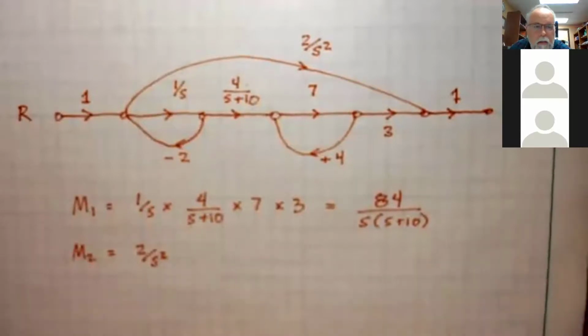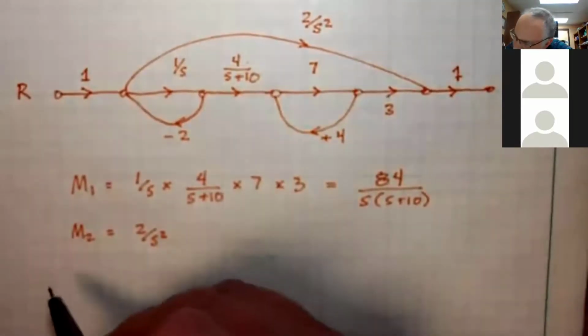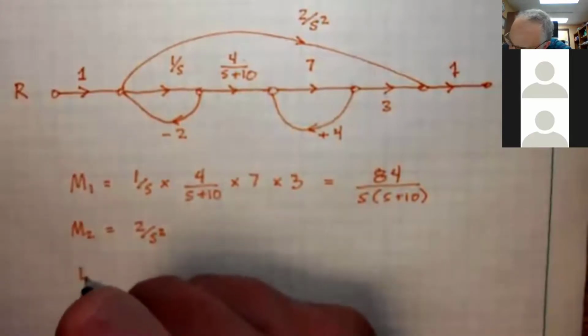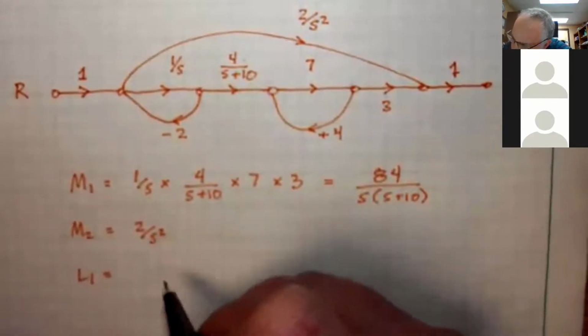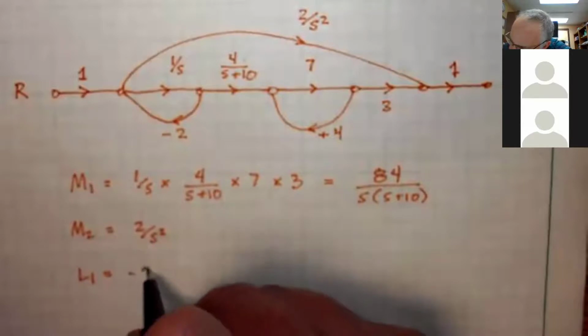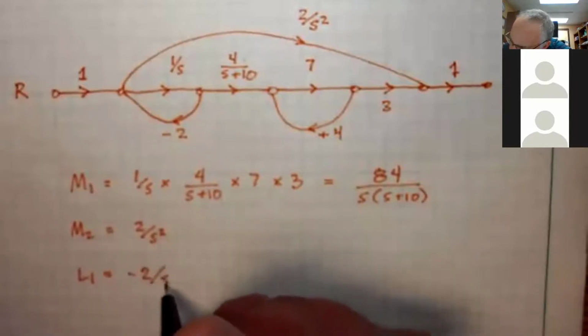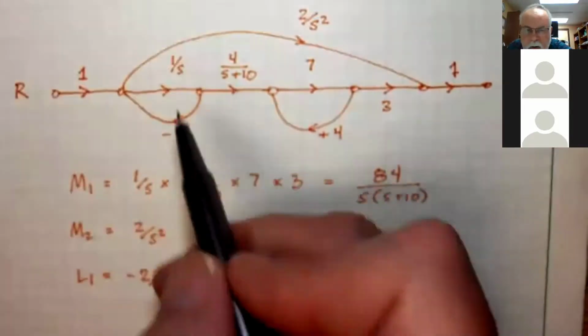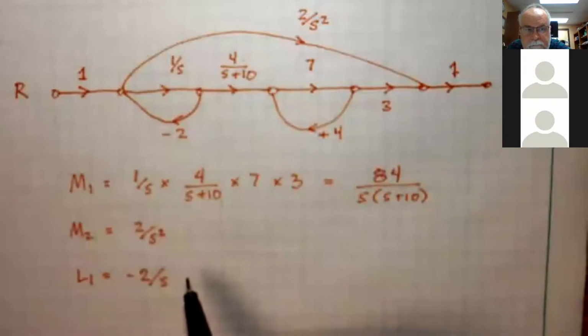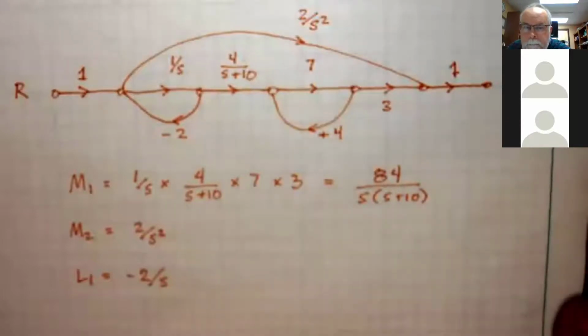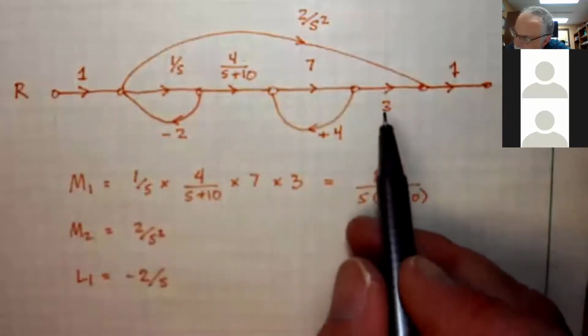Okay. Then we have to come up with our loop gains. Loop 1 would be minus 2 over S. Does everyone see where I got that? Question. Where does this 3 tie in?